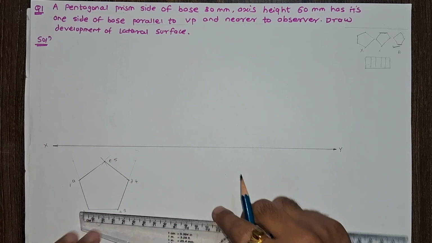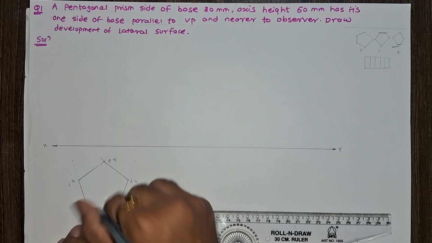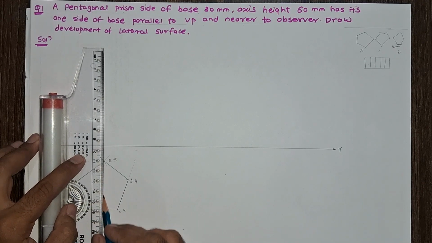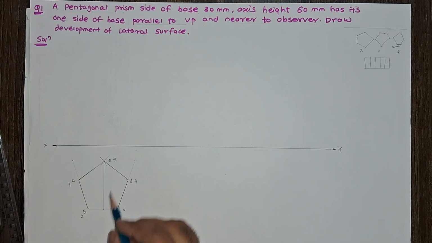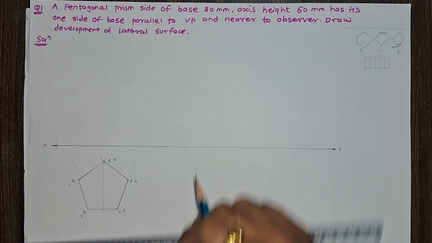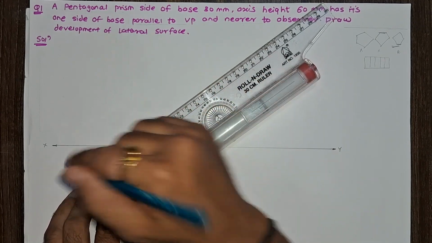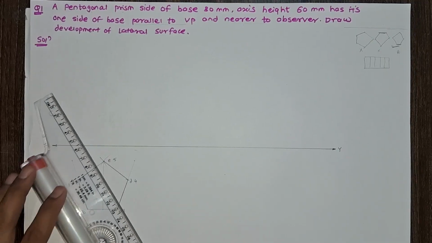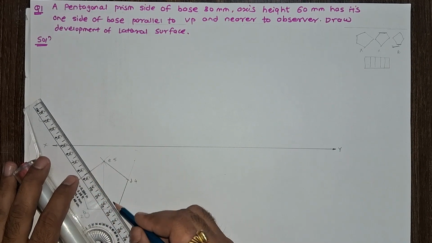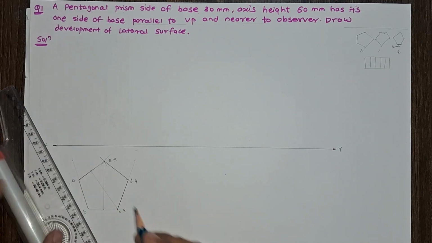Find the center of 2, 3. So we can find the center point of this prism. Find the midpoint of 2 3 and the opposite side corner, and join it. Similarly, find the center of AE, and the opposite corner of this AE is C. So join C and the mid of AE.